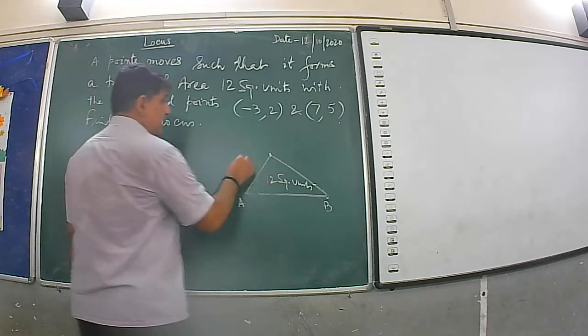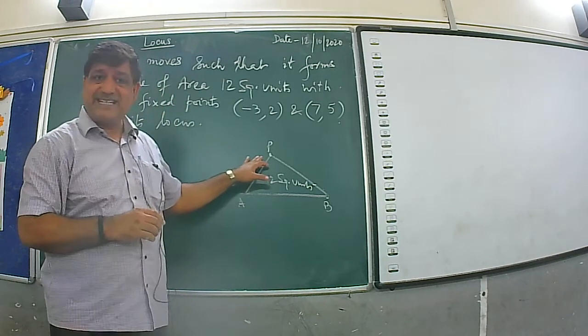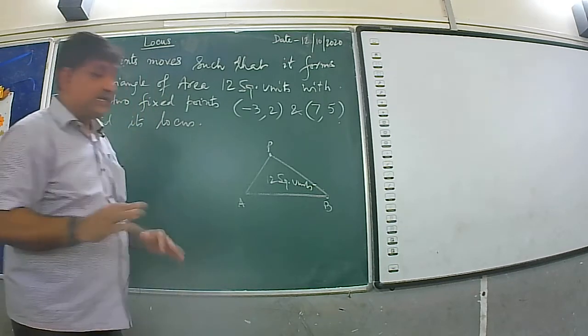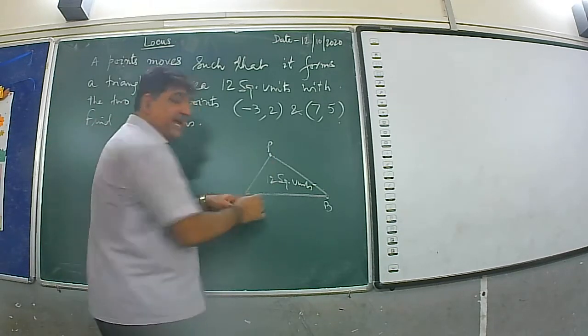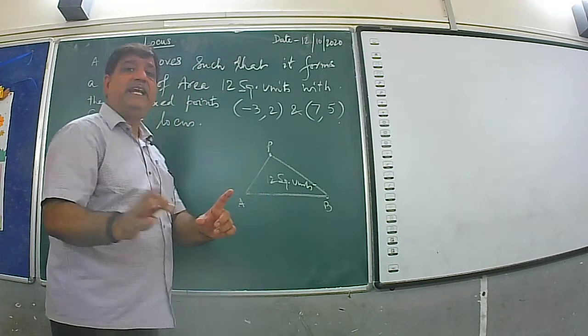Suppose this is the position of a moving point at any instant. Now, we know from class 9 and 10 that triangles between the same parallels on the same base are equal in area.